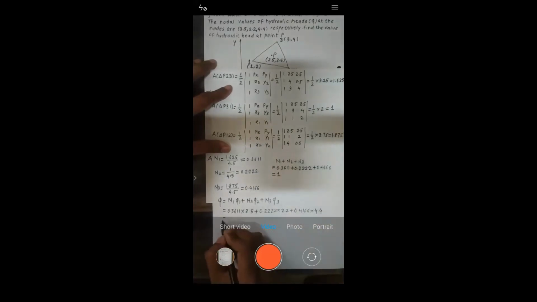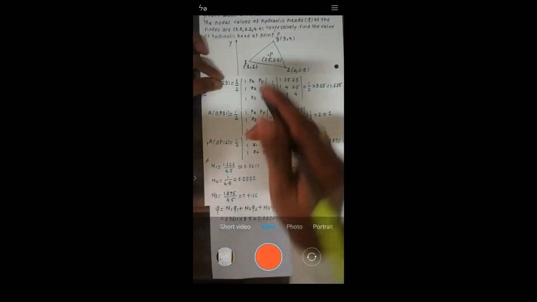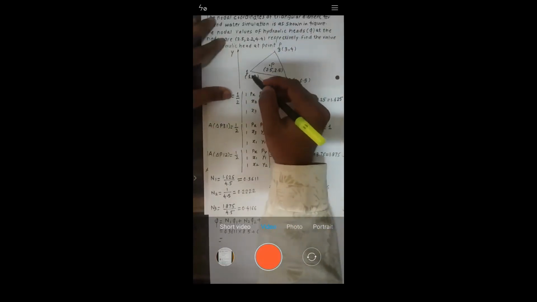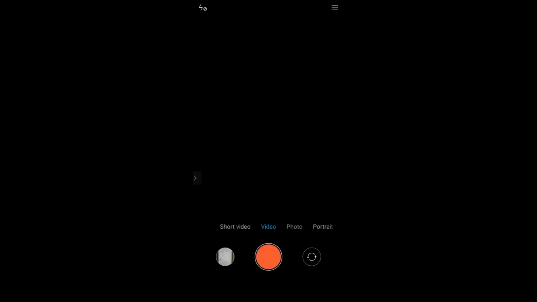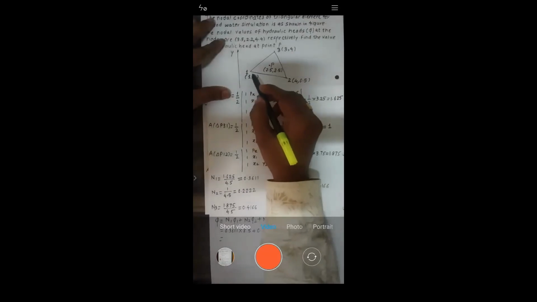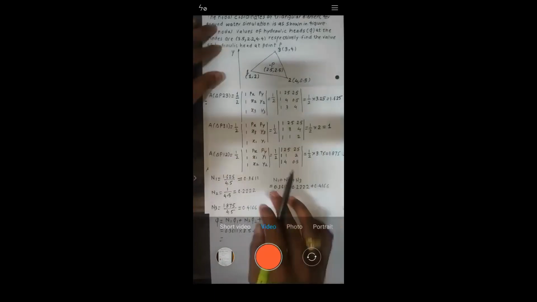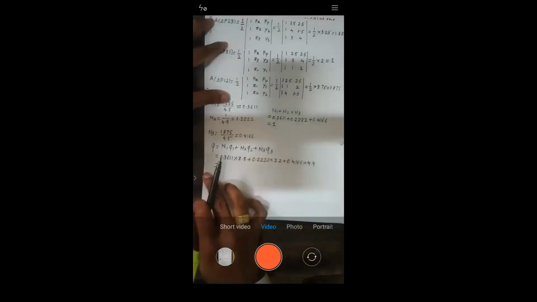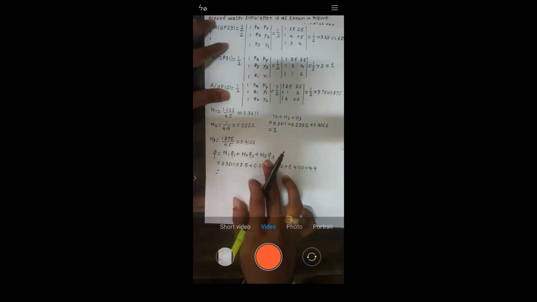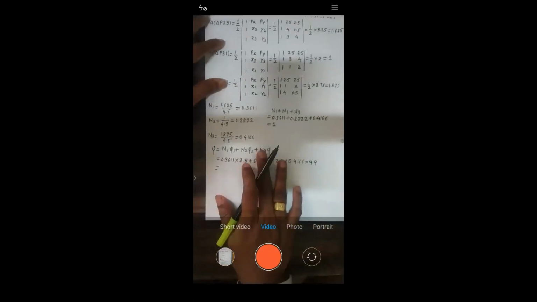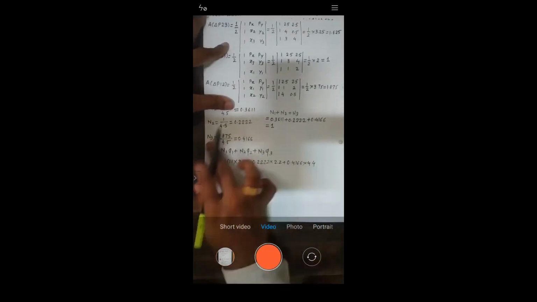That is 4.4, right? So if any primary variable like pressure, temperature, or hydraulic head is given at all the nodes, and if they're asking to calculate that same variable within the element, you can use this formula: N1 phi 1, N2 phi 2, N3 phi 3. Have you understood this formula or not?